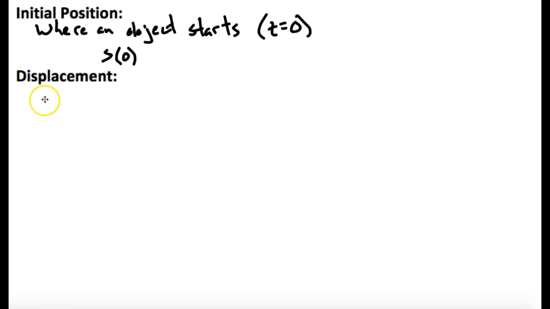Displacement, then, is where an object ends relative to where it started. It's how far we are away from our starting position.